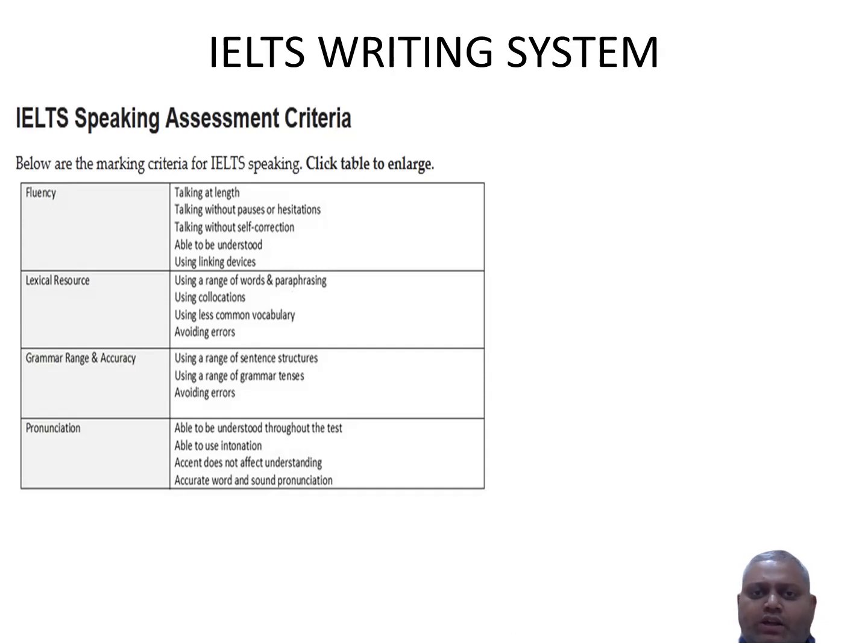And pronunciation, your answer should be understandable to the examiner, because whatever accent you use, you need not use an American accent or British accent. You can use your own mother tongue accent, like an Indian accent, for instance. Your answer should be well versed and it should reach your examiner properly. That's how it should be.